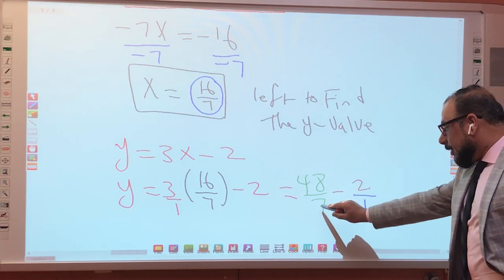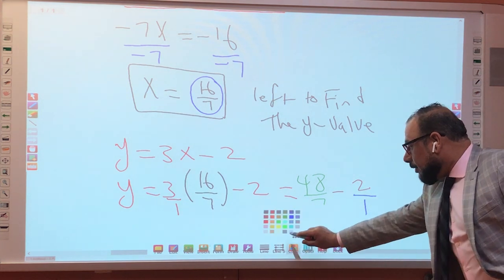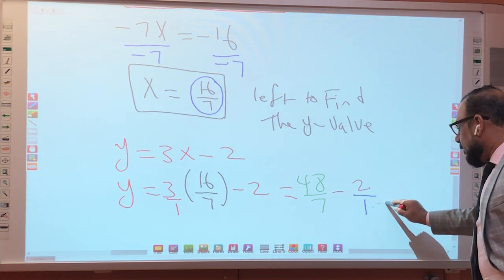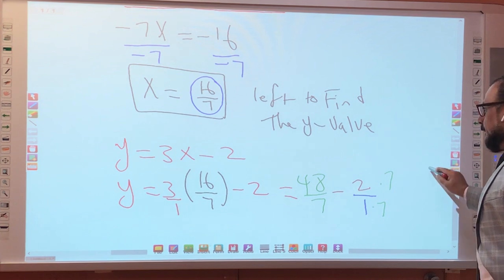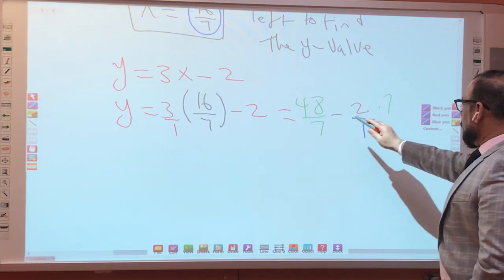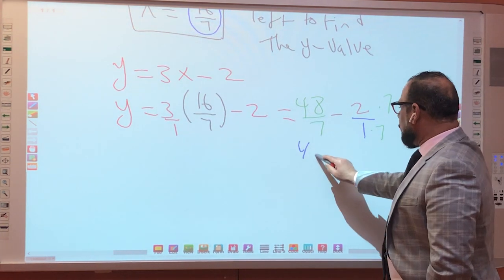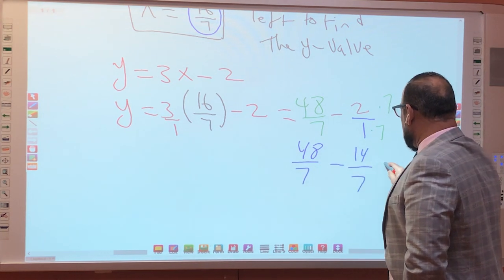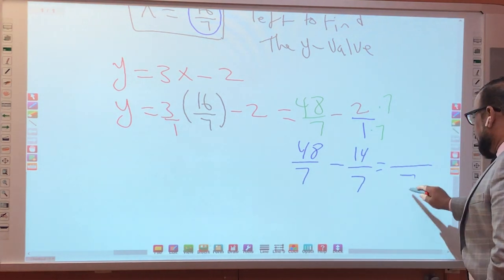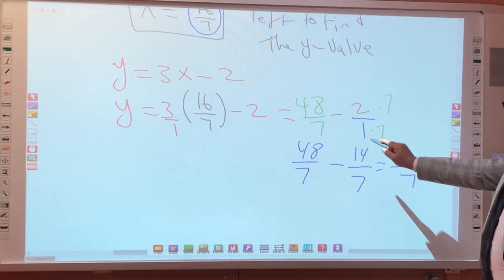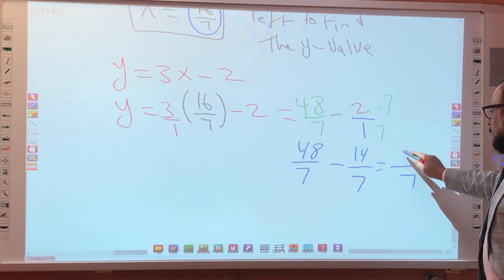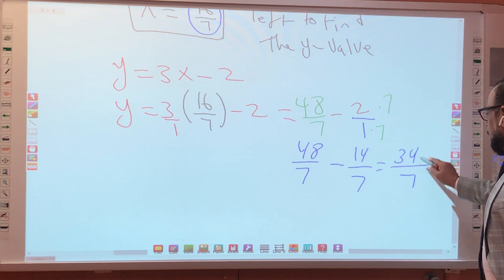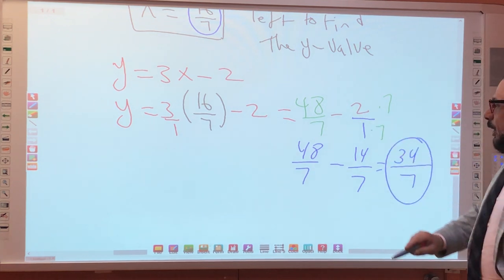My denominator here is 7, so I have to make this 7. Then you multiply both the top and the bottom by 7, which becomes 48 over 7 minus 14 over 7. My denominator stays 7. 48 minus 14 is 34.